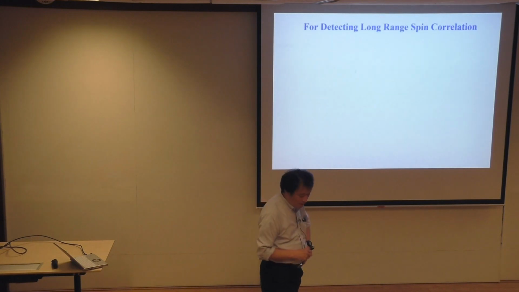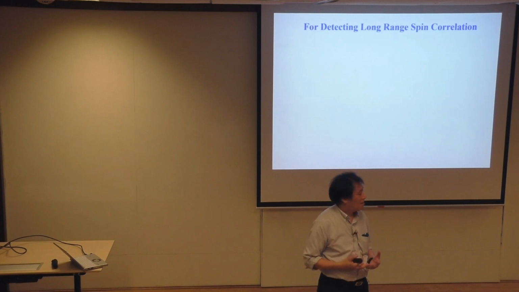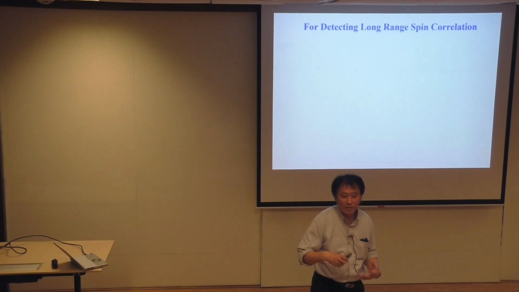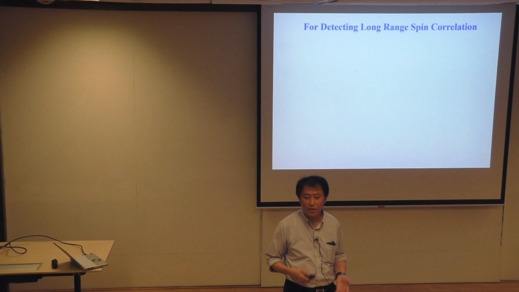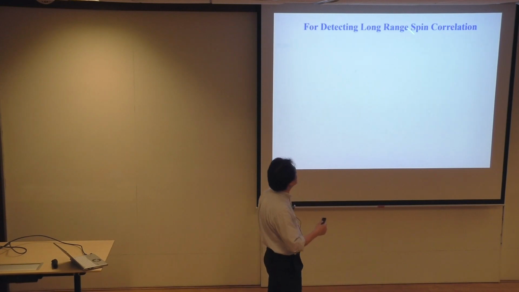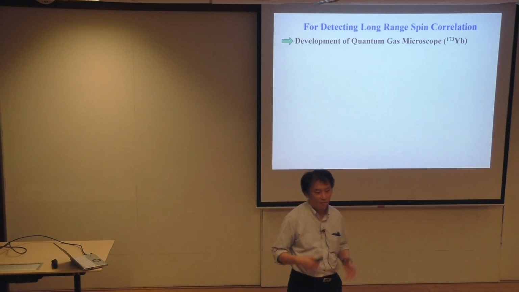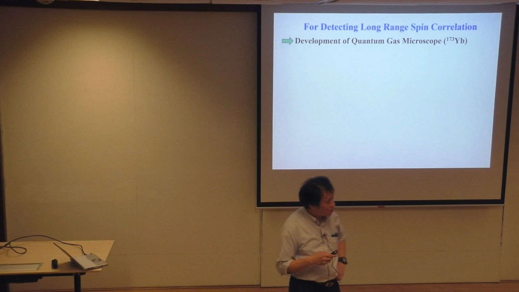For detecting the short-range spin correlation, the STO method is really useful. But for detecting the long-range spin correlation, we need a quantum gas microscope for SU(N) Fermi gas.